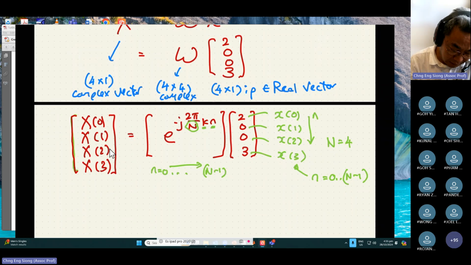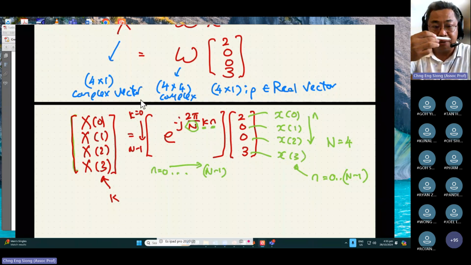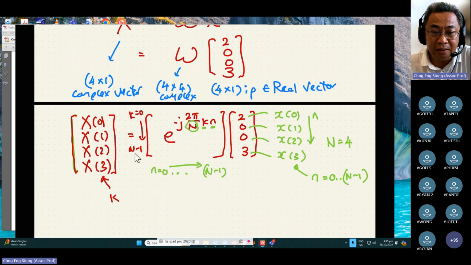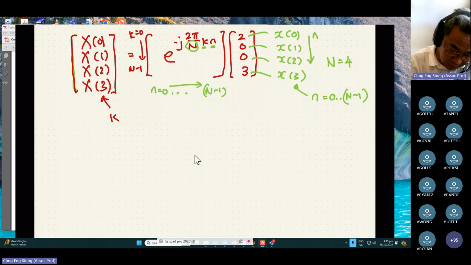And here is the index k. So therefore, k is running from 0 to N minus 1 as the row of W is progressing. So now we know how k and n should be put in.